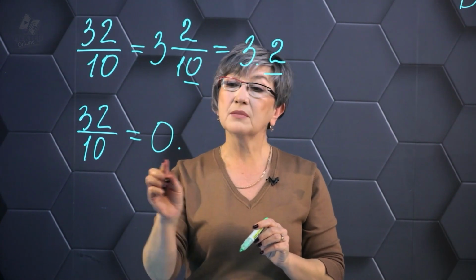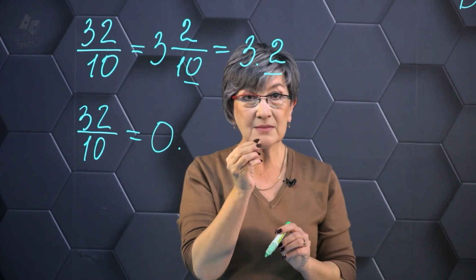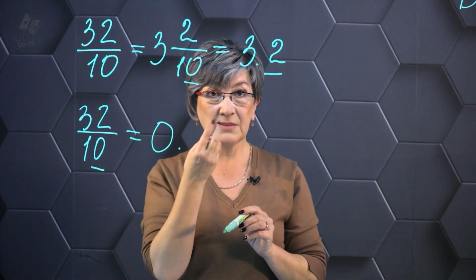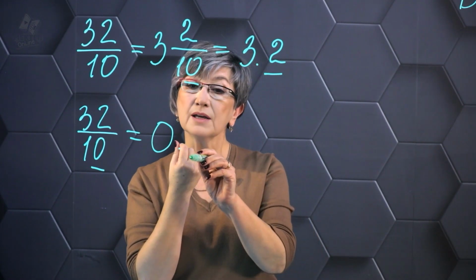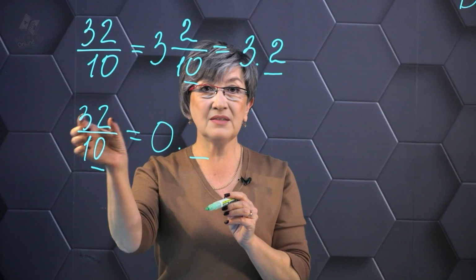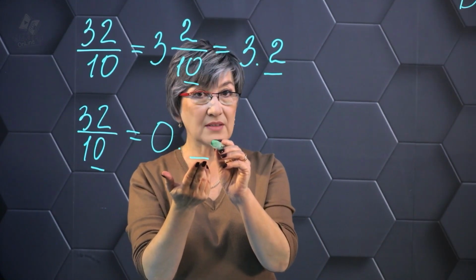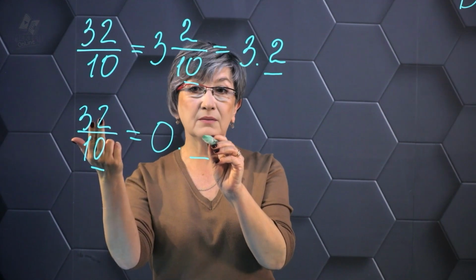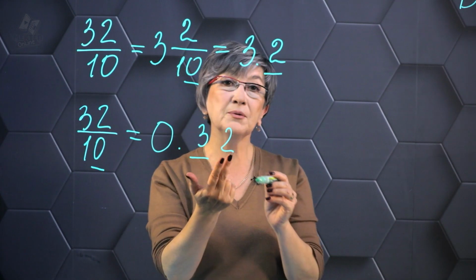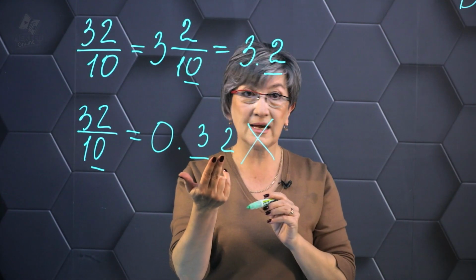But then the rules say I have to write as many digits after this point as there are zeros in the denominator. And I have only 1 zero in the denominator, so I have to write down 1 digit. But I have 2 digits in the numerator, which means I would need to write 3 and 2.